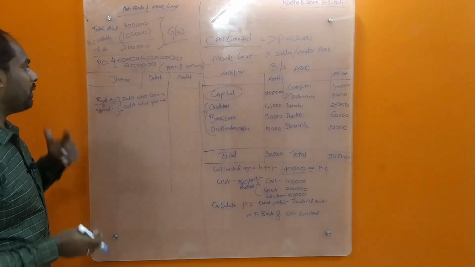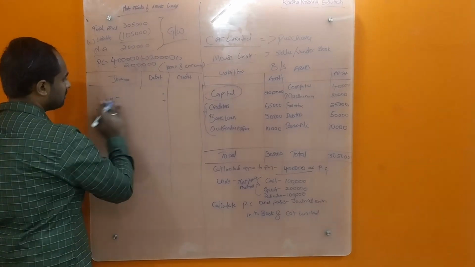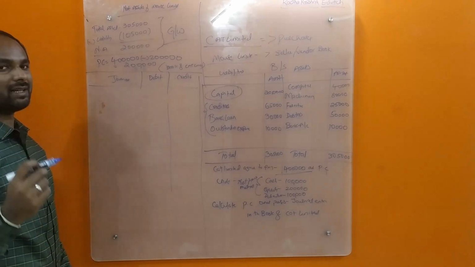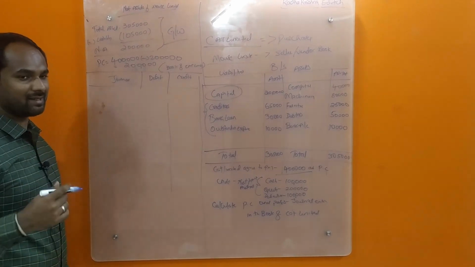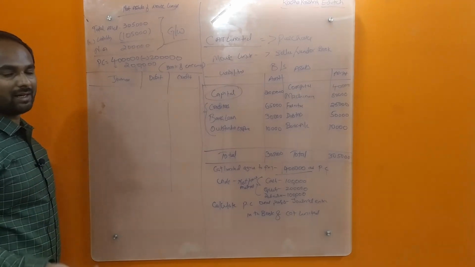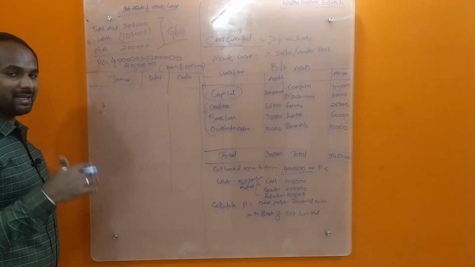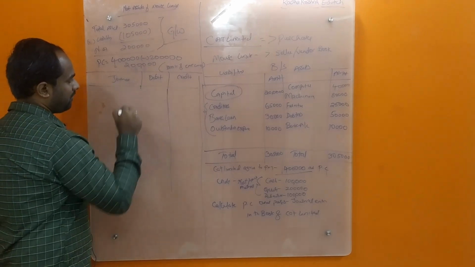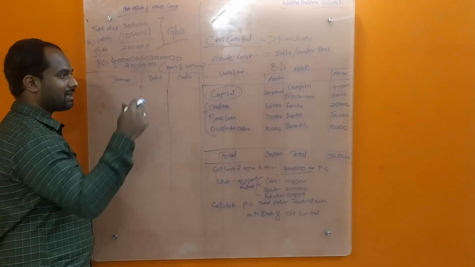So what you will do? You will debit. Or you can use one more rule also. When your asset is increasing, it is a debit. When your asset is decreasing, it is a credit. For liability, when it is increasing, it is a credit. When your liability is decreasing, it is a debit. You can use it that way also. This is a simple trick. If you go by the golden rule, it comes under real account.